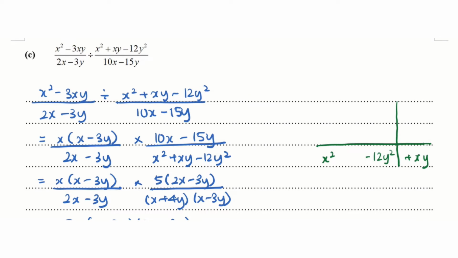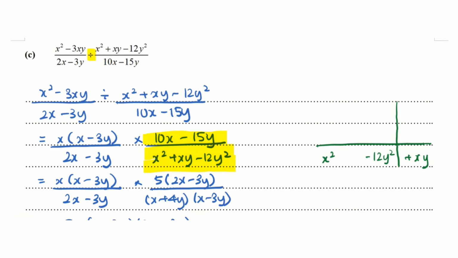In question 5 part C, we have to simplify these two algebraic fractions that are dividing by each other. So whenever we have to do with division, we always flip them first. So we flip the fraction on the right only, and we get 10x minus 15y over x squared plus xy minus 12y squared. Then we go into factorization.